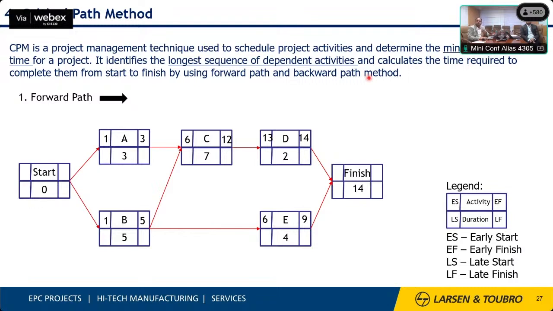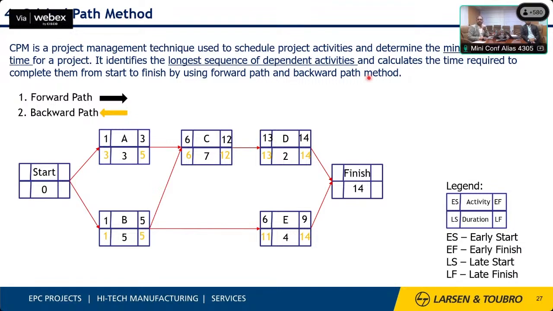When we calculate from the back side of the completion days, we use the backward path. The 14 days is the overall completion, so we go backward. Activity D is 13 to 14 days, and activity E has flexibility: it can start from 11 to 14. Similarly, activity C is 6 to 12, and then B and A. Here it shows the early start date, early finish date, late start, and late finish date.